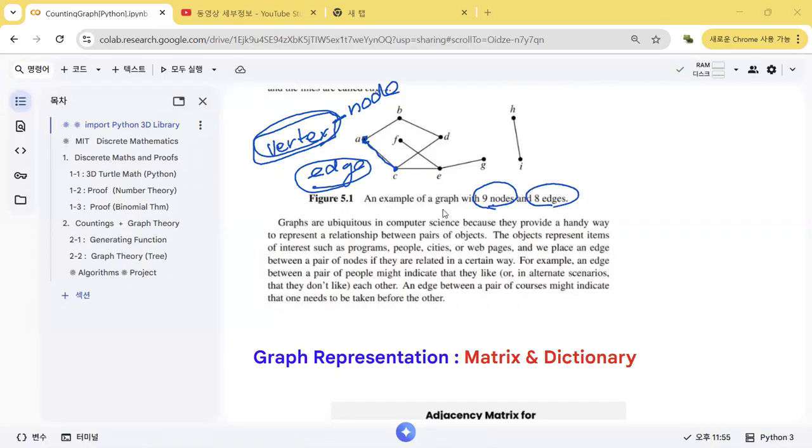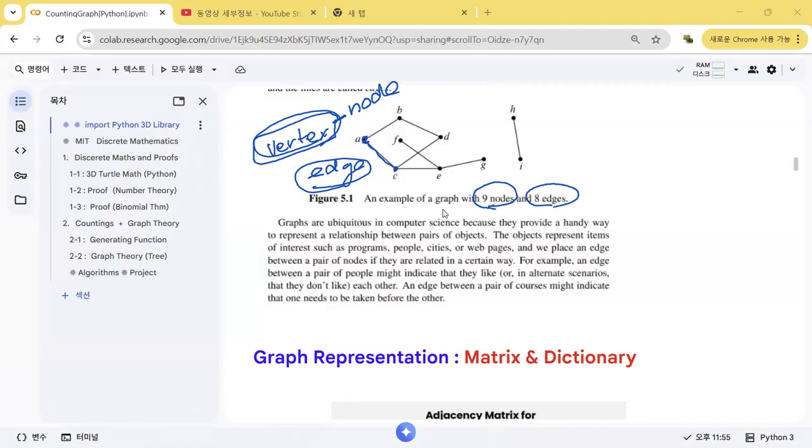But to represent this graph and to calculate something, we need a mathematical representation. And the mathematical representation is a matrix.